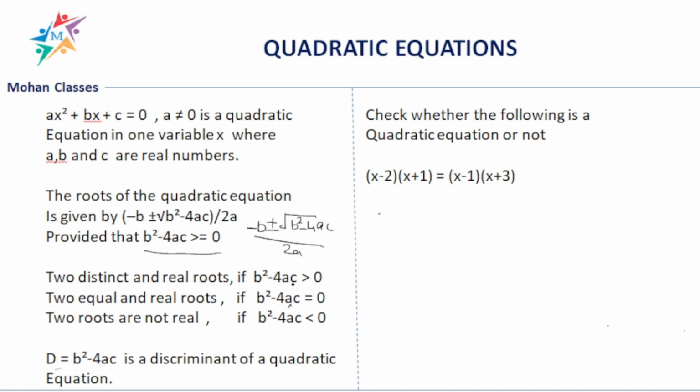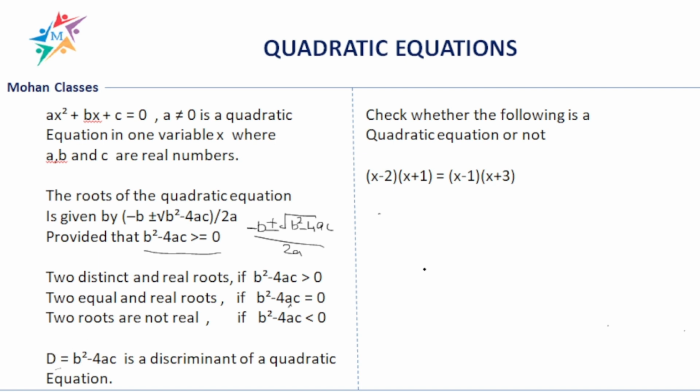If b square minus 4ac is greater than 0, we will have different values for x, but the values will be real. If b square minus 4ac is equal to 0, we will have equal values for x as real roots. If b square minus 4ac is less than 0, we will not have real roots. That's it. This b square minus 4ac is called the discriminant of a quadratic equation, and it will be represented as the capital letter D.